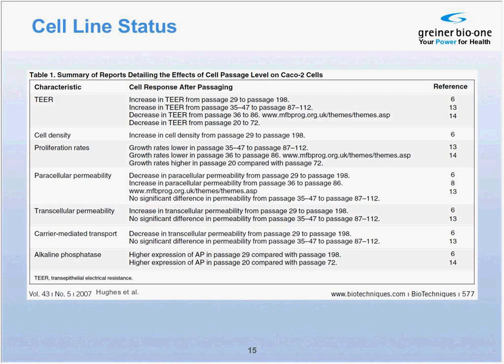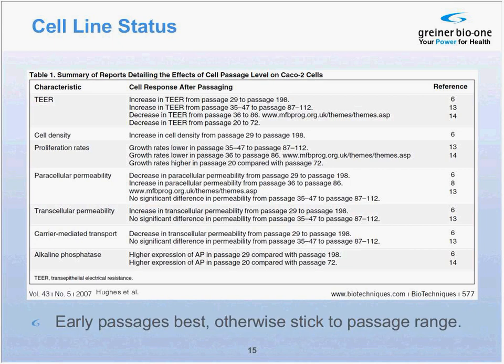So it is best to perform assays with early passage numbers, as these resemble best the original cell. Caution is advised when comparing experimental results from very different passage numbers. Therefore, it's actually best to stick to the same passage range.